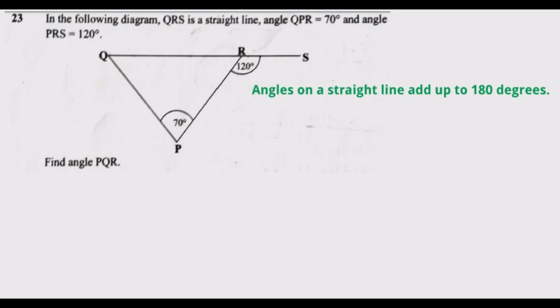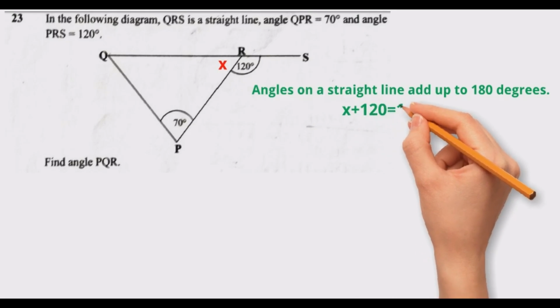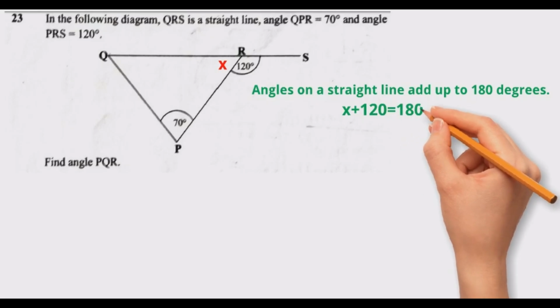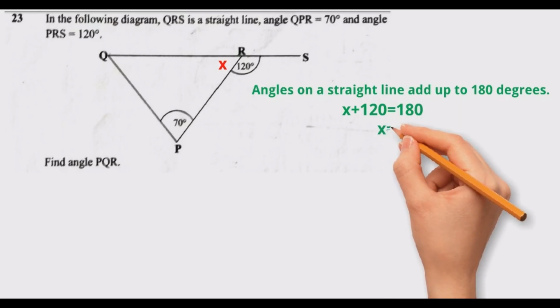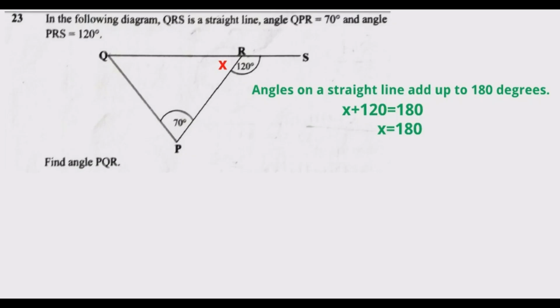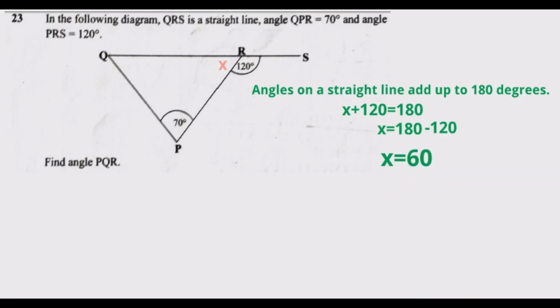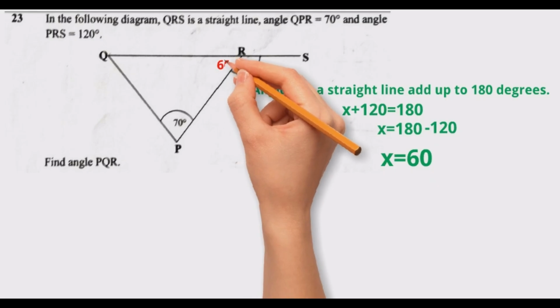We are going to name QRP as X. So X plus 120 equals 180 degrees. Then X will be equal to 180 minus 120, which is 60. So the angle QRP is 60.